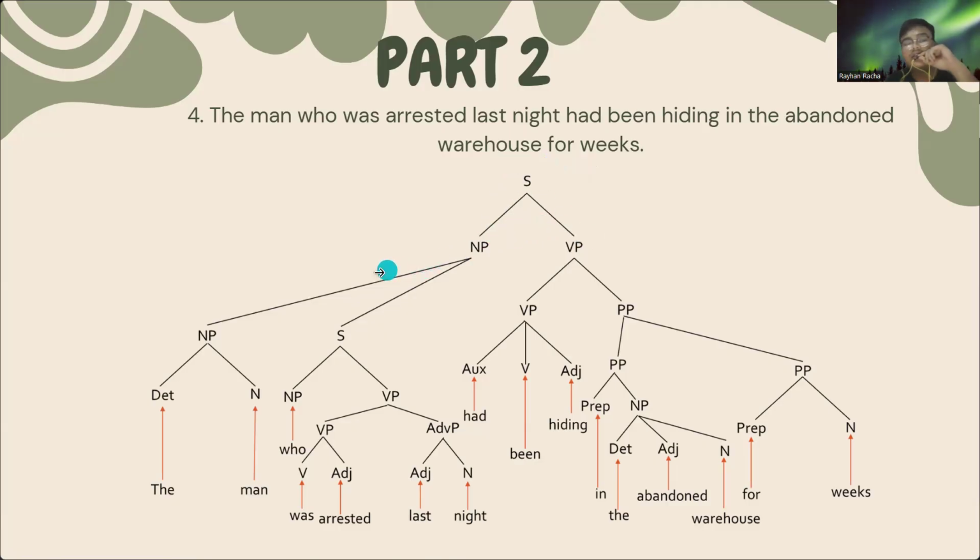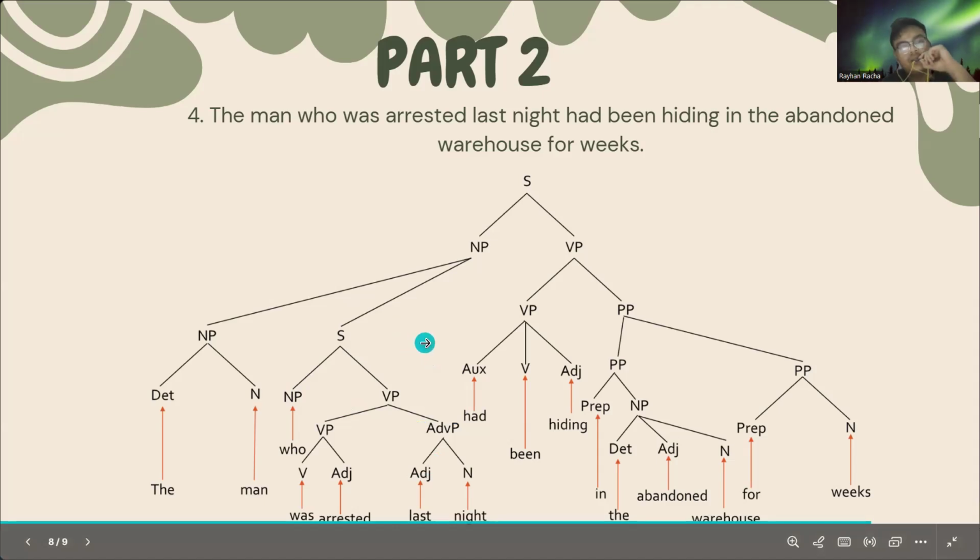In the noun phrase, we have another noun phrase, which was a determiner and the noun itself, which was the word man, and another sentence so that we can divide it into another noun phrase and another verb phrase, which was a noun phrase, the word who, and in the verb phrase we divided into a verb phrase, another verb phrase, and adjective phrase.